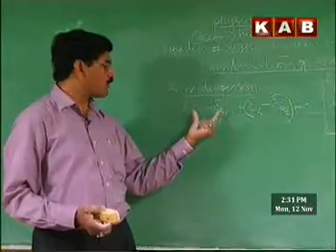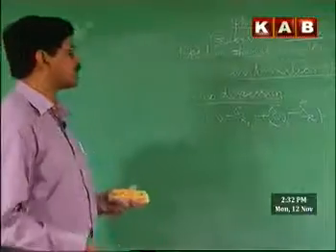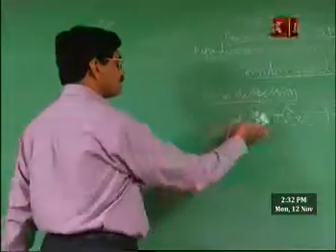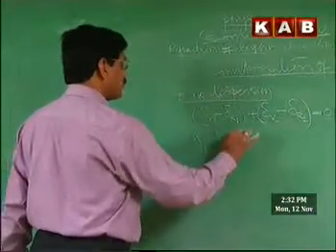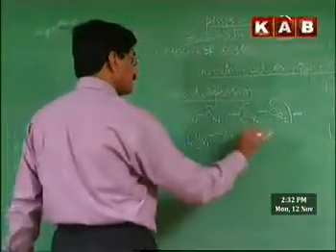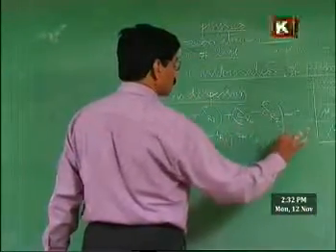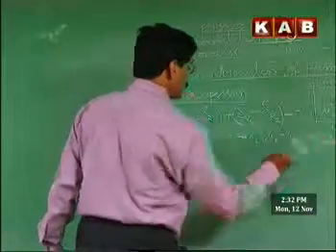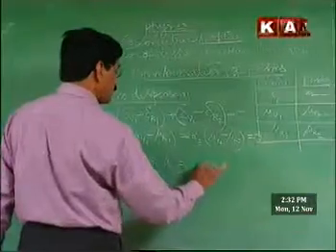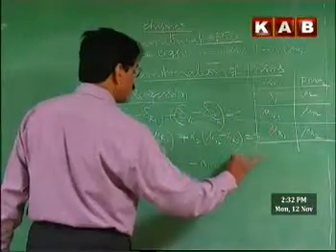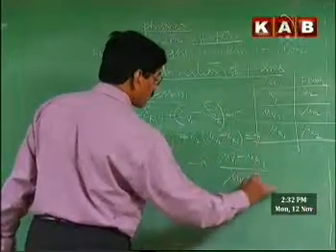Substituting the values here, alpha 1 into (mu v1 minus mu r1) plus alpha 2 into (mu v2 minus mu r2) is equal to 0, implying alpha 2 is equal to minus alpha 1 (mu v1 minus mu r1) divided by (mu v2 minus mu r2).